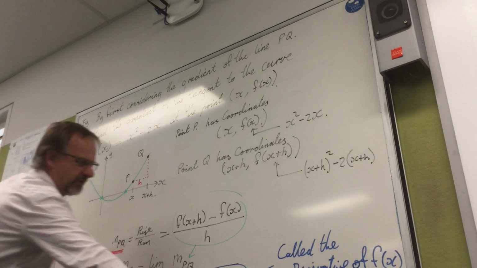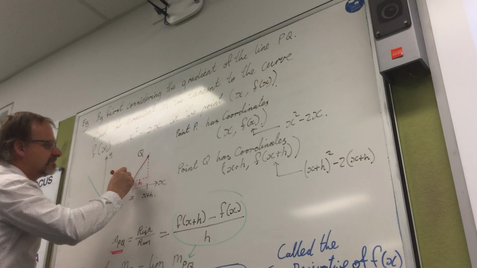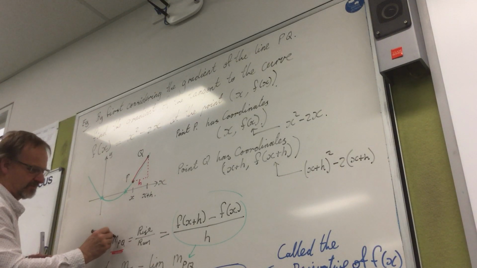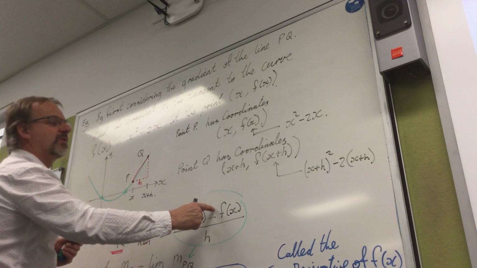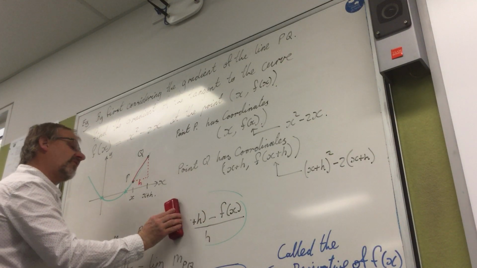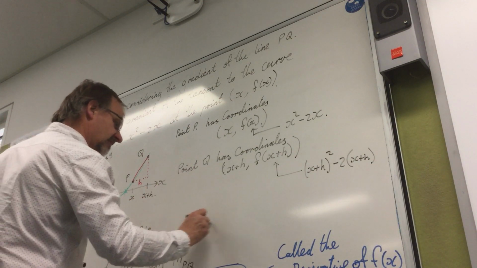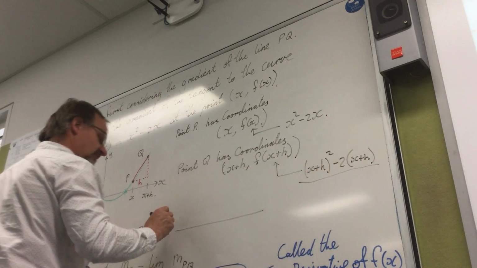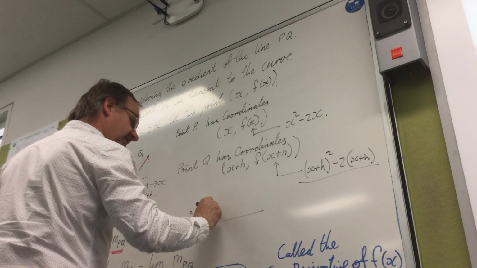All right, so our gradient of our red line, let me draw it in, PQ, is the rise over the run, which is f of x plus h minus f of x all over h. So let me rub that out and put in what we've got. f of x plus h is this one here, so we've got (x plus h) squared minus 2 lots of (x plus h).